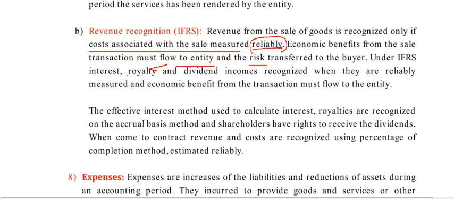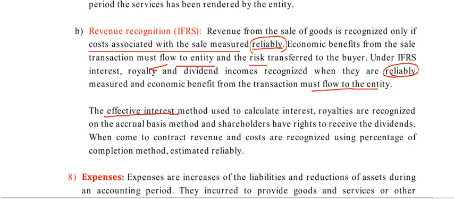Okay, when it comes to royalty, dividends, and interest incomes, they are recognized when they are reliably measured. So again here reliability is most important. Economic benefit from the organization must flow to the entity. Same, otherwise we can't record it. When it comes to interest calculations, we will use the effective interest rate method. We will discuss that later.